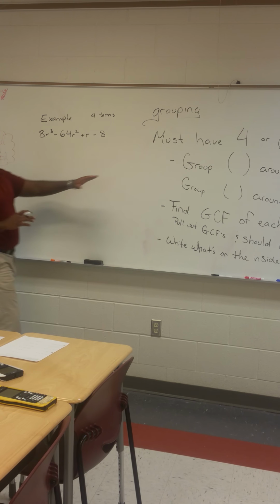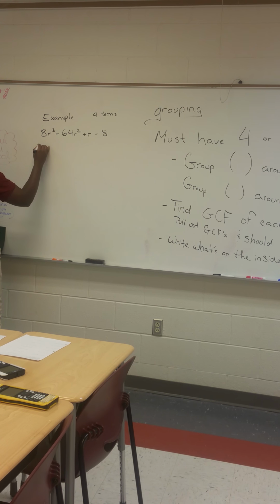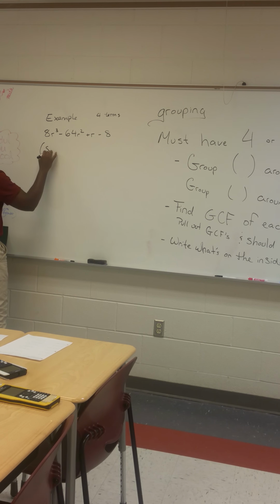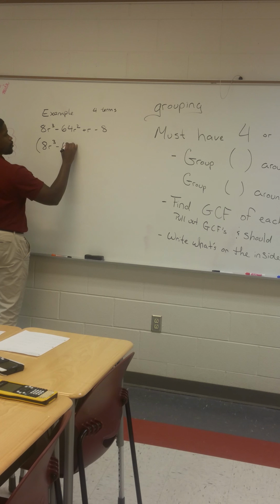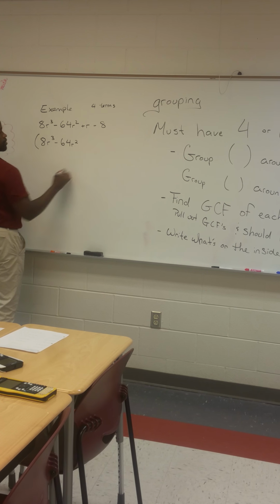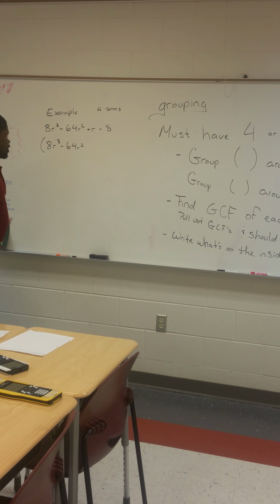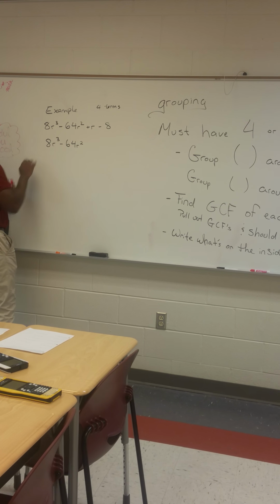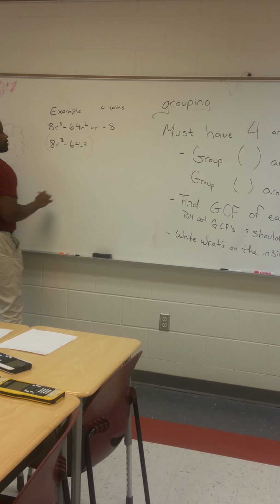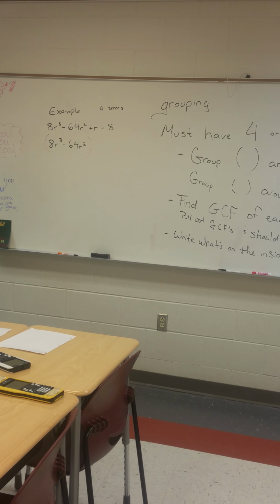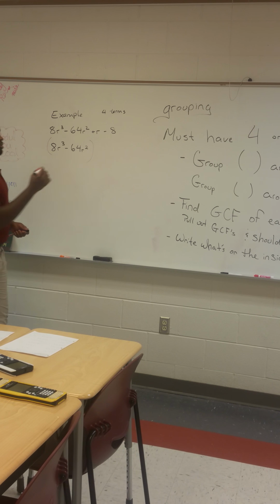Step 1, we must group the first 2 terms. So I'm just literally putting parentheses around the first 2 terms. As a matter of fact, to highlight this, I'll use different colors. So that would be the grouping of the first 2 terms.